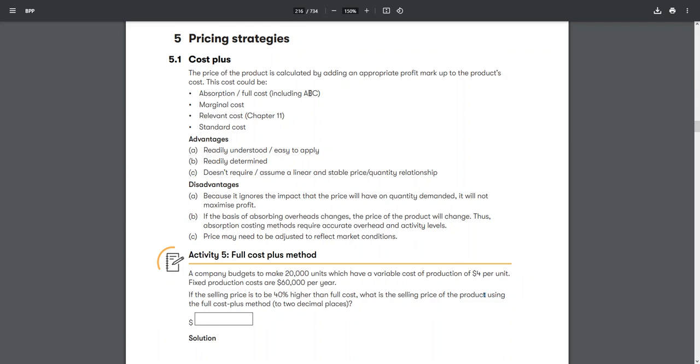It will help us decide the minimum price of a product. We already saw this in decision making, so the concept here is the same. Or we could use standard cost, which is the normal cost that we would usually use. So the advantages and disadvantages are the usual ones that we saw in target costing.